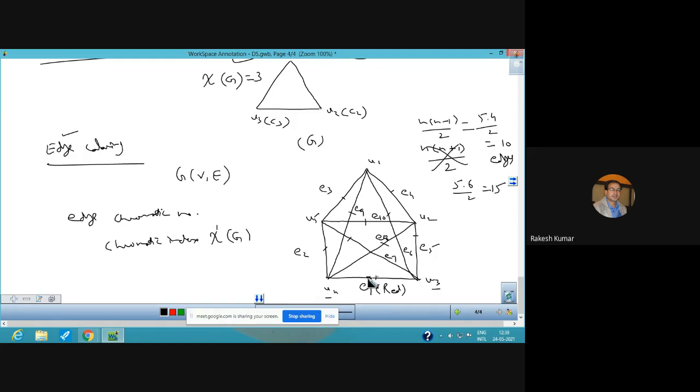Now what does it mean? If we have given this red, then all the edges made with the help of V3, this one, this one, and this one, which are E5, E6, E7, cannot be given the red color. This is the meaning. So it can be given green.